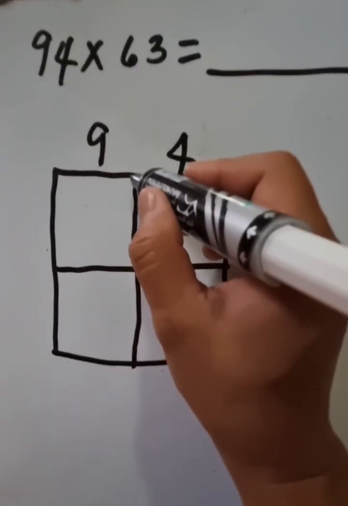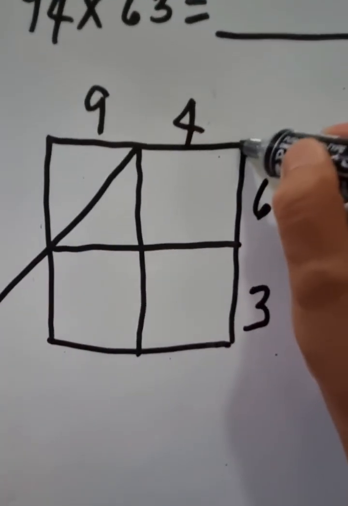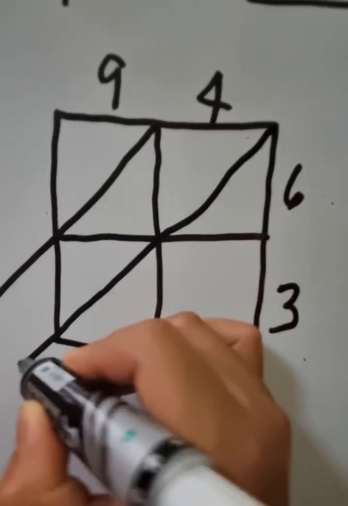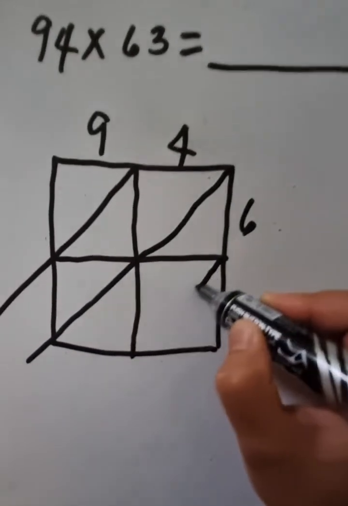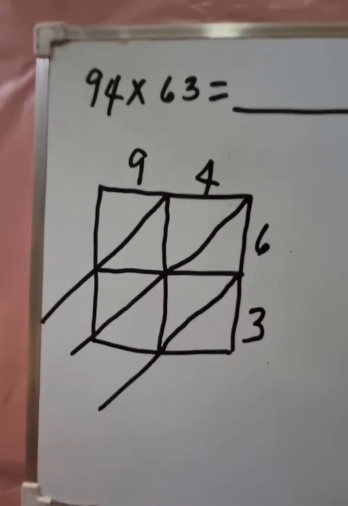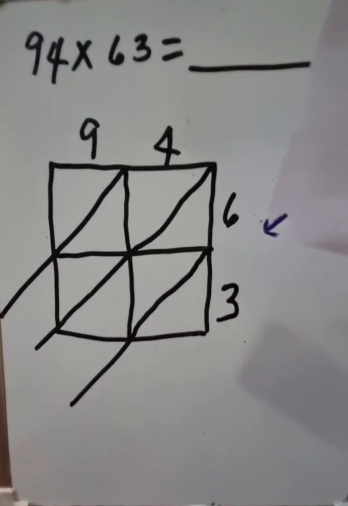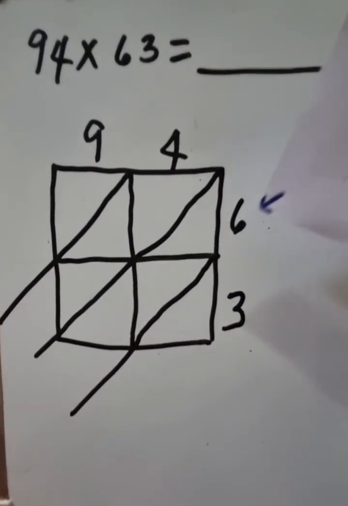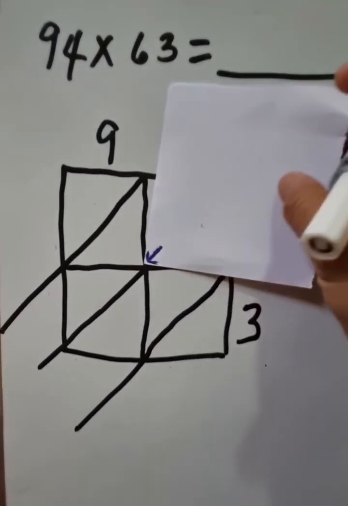Then you're going to draw a diagonal in here, a diagonal also in here, and in here. Let us make use of this arrow so that we will not be confused about what numbers you are going to multiply and where we're going to write.